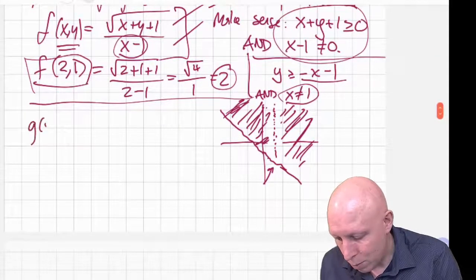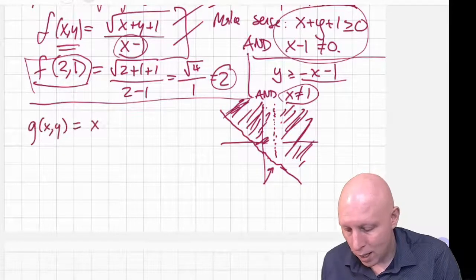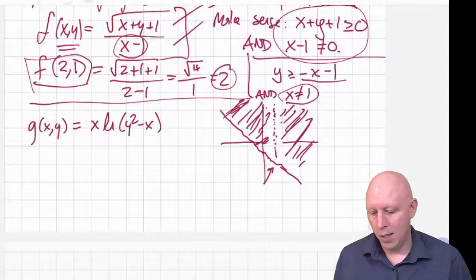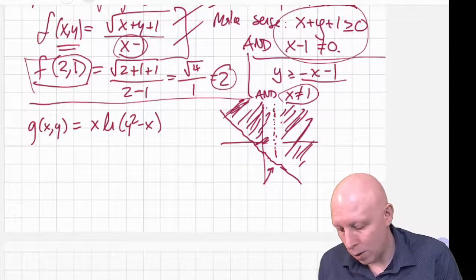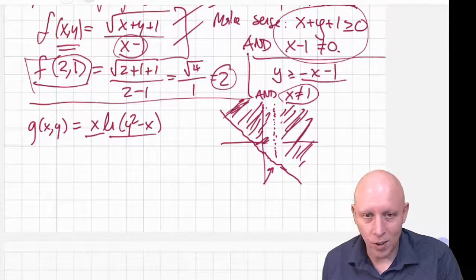Let's do one more example. g of x y is equal to x ln of y squared minus x. So here we're multiplying two things together. That's allowed.